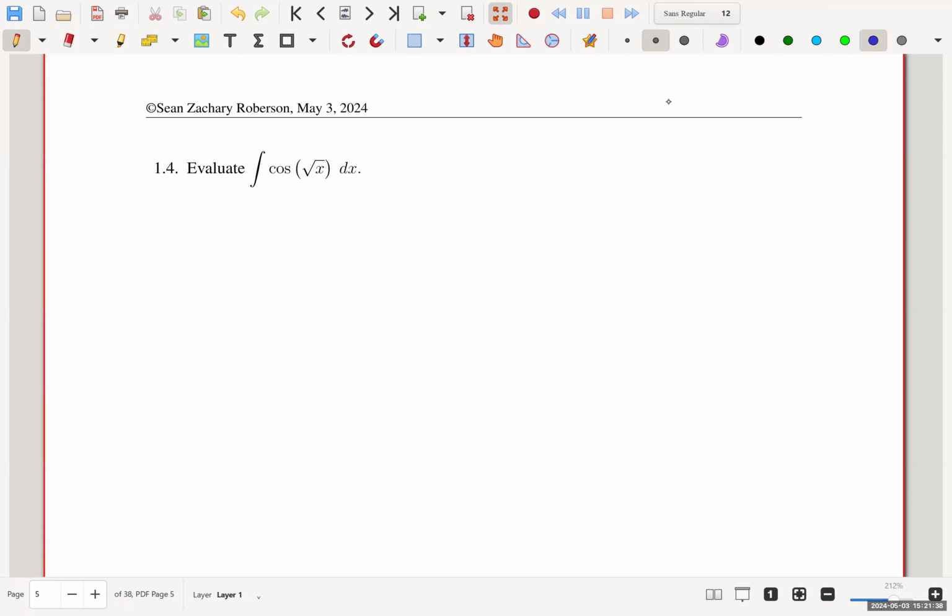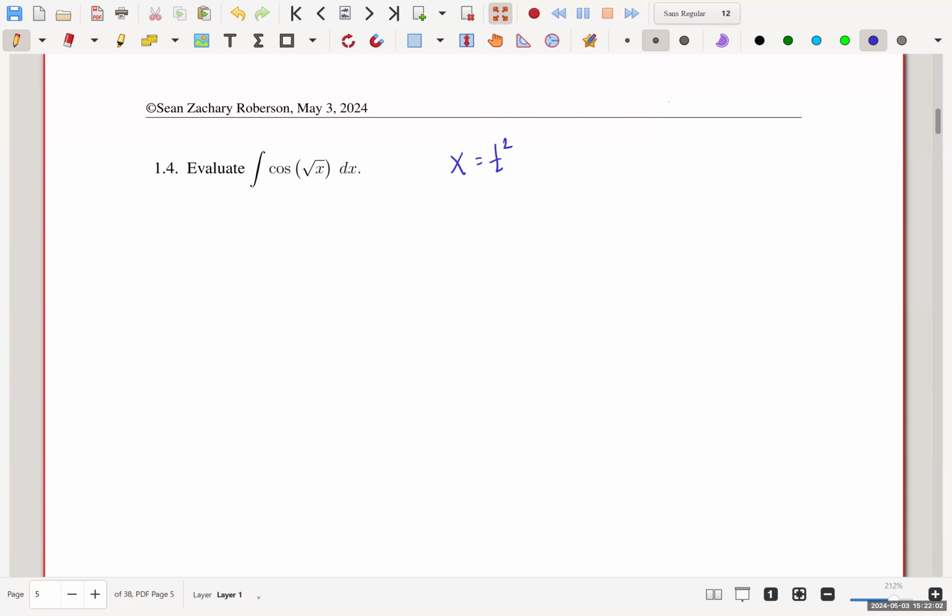We're going to go ahead and prime this. Actually, let me make sure I'm doing this right. I'm going to prime this with x equals t squared, okay? Because if I put in, instead of square root of x, I have square root of t squared. What's the square root of t squared? Just t, right?